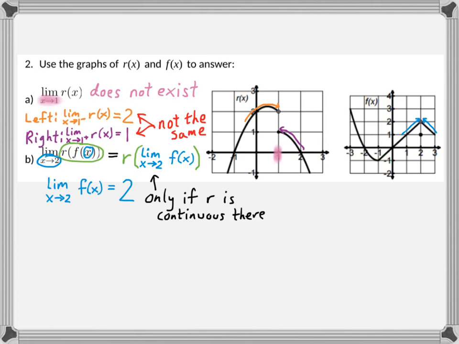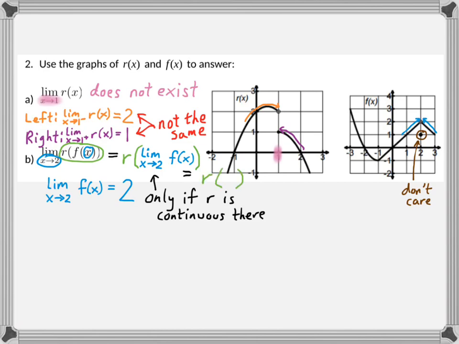But x is approaching an x value of 2, and as it does so, the function f is approaching a y value of 2. Oh yeah, and I want to point out again that that point right there, I don't actually care what happens at x equals 2 for the purposes of the limit. All I care about is what's happening as x approaches 2 from the left and from the right.